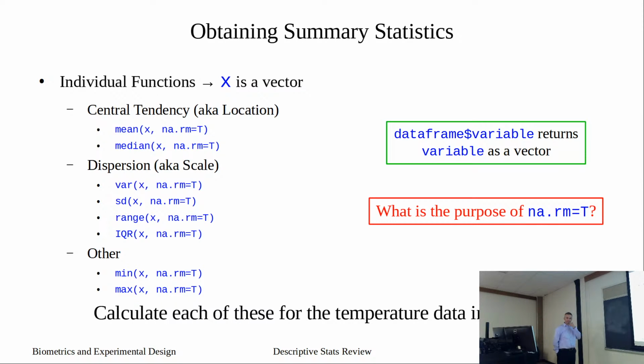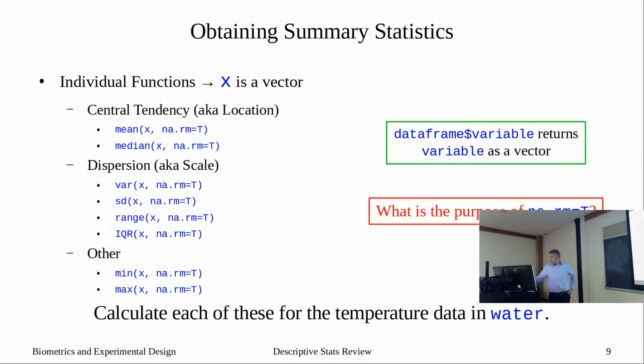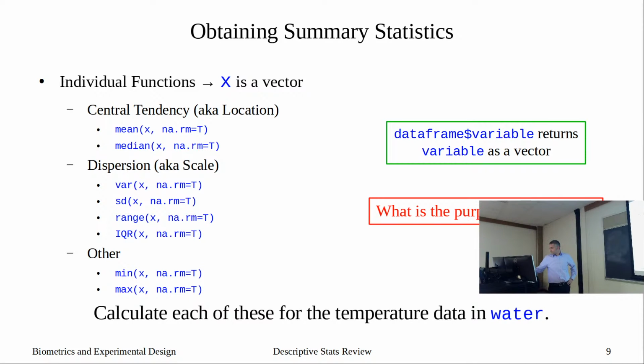So what I'm going to ask you to do is go ahead and calculate each of these for the temperature data in our water data set, just to make sure it works.